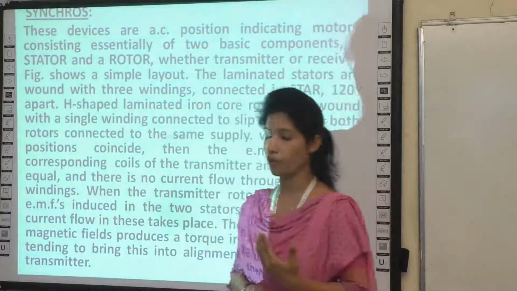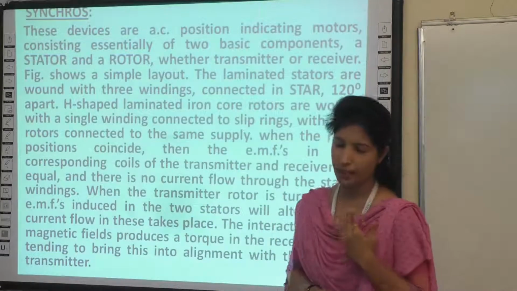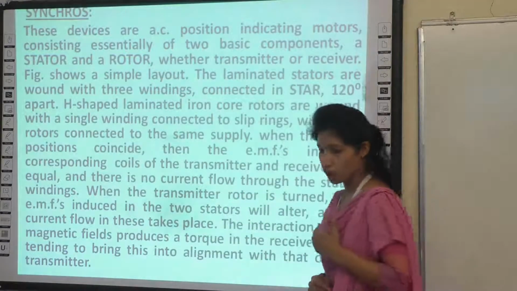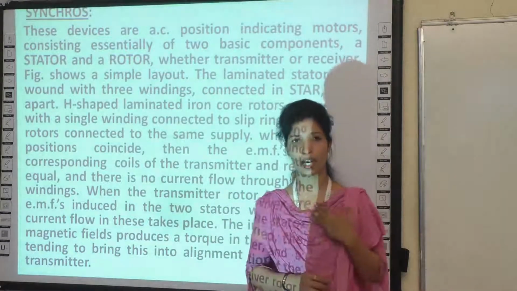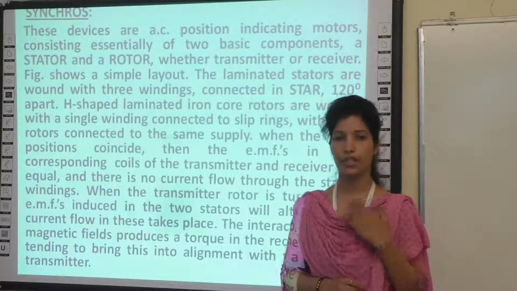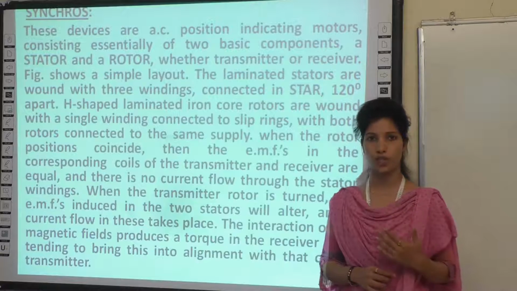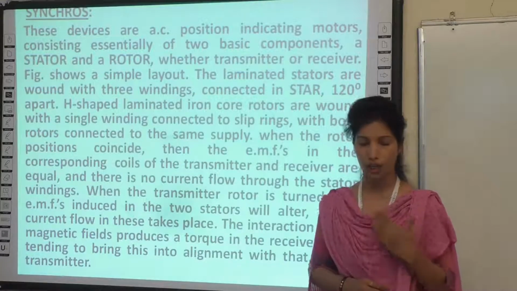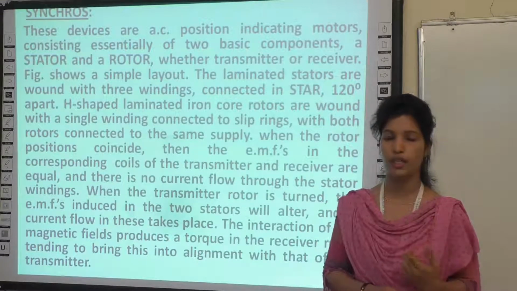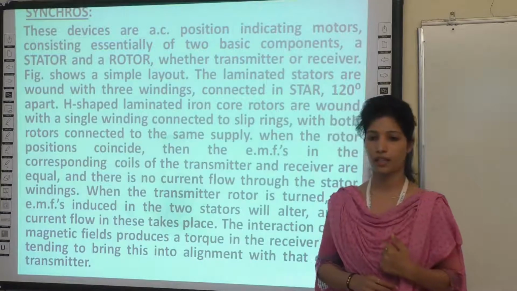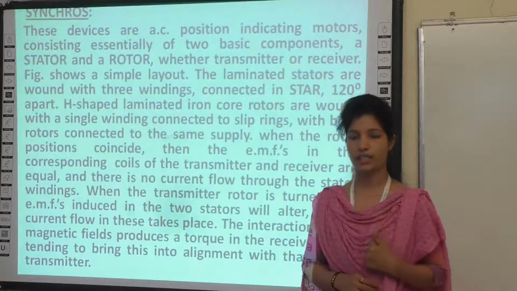I am giving more importance to the Global Maritime Distress and Safety System and the Global Positioning System. I hope you all understand at least the basic concepts about the Global Maritime Distress and Safety System on board ship and what bridge equipment is used on board ship, and in detail we'll discuss in the next session.